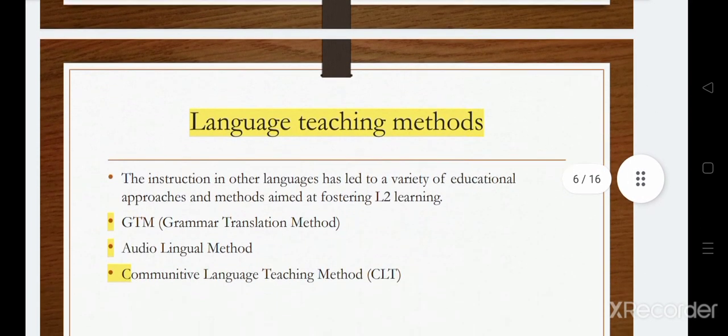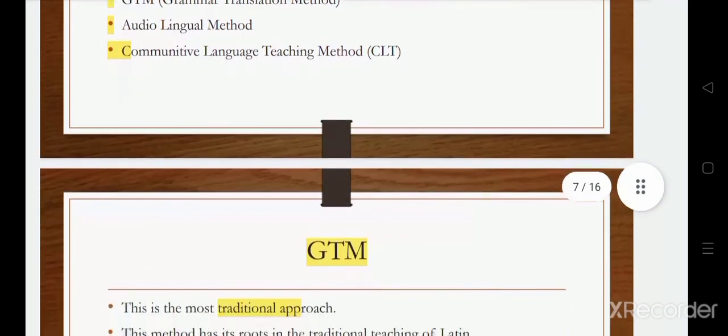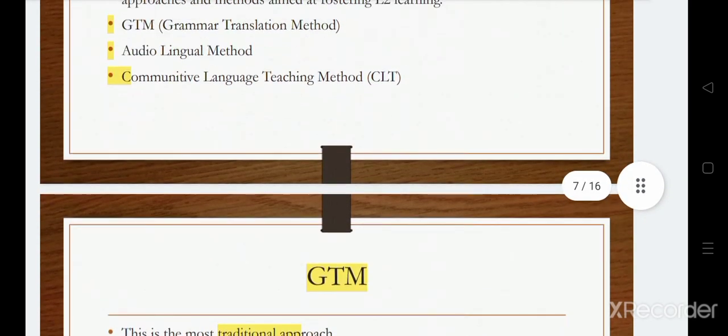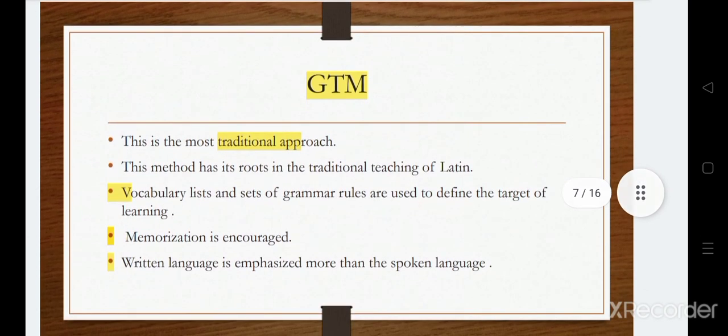All right, language teaching methods. We'll see three language teaching methods: GTM, the grammar translation method, the audiolingual method, and CLT, the communicative language teaching method. The first one is GTM, the grammar translation method, and it is the traditional method.